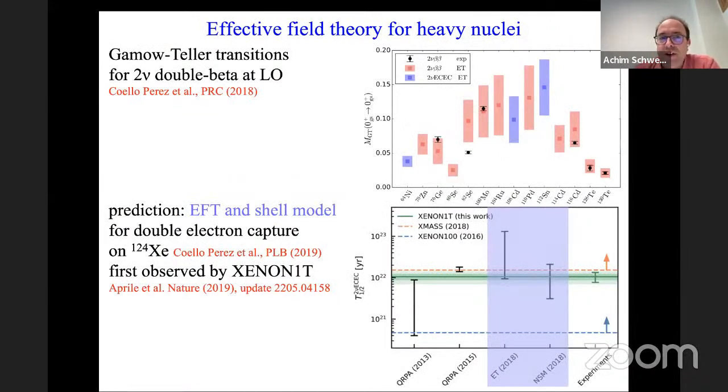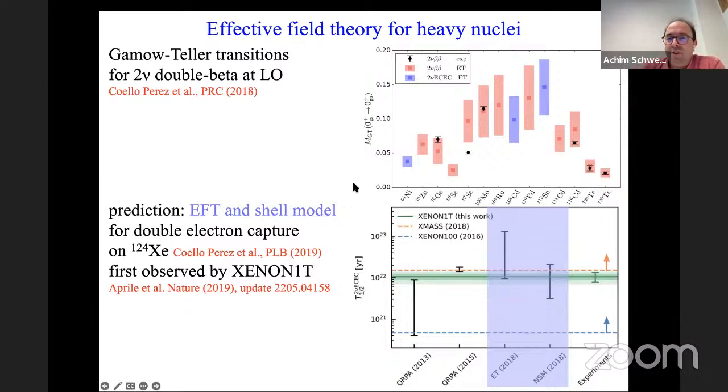Maybe just to show that effective field theories in general are also predictive. Here it's not chiral effective field theory, but an even lower resolution, lower energy effective field theory, which works particularly well for heavy nuclei. In this work with Tonio Coelho Perez and Javier Menendez, we looked at two-neutrino double beta decays and two-neutrino double electron captures.